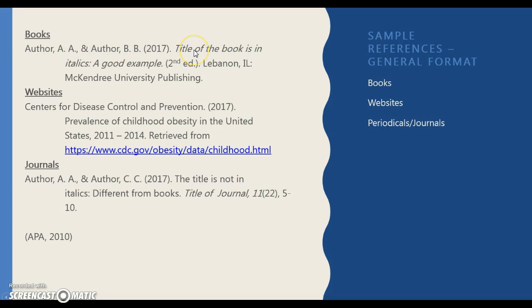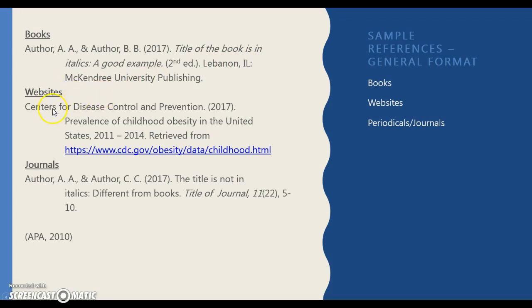You always want to put the title of the book in italics, and you only use capital letters in the title on the first word, or if there's any proper nouns within the title, and the first word following a punctuation point such as a colon or a period. So you want to capitalize immediately following that punctuation mark in your titles as well. You always want to include the edition, and you want to put the place and the publishing organization.